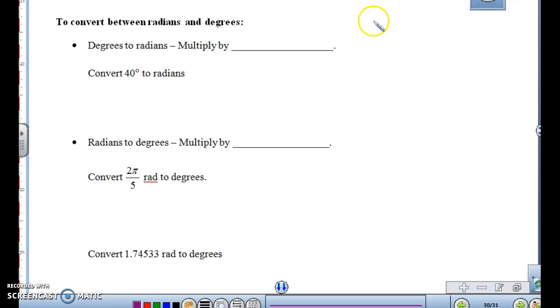All right, now we have to think about this for a second. We just said that 2 pi radians is equal to 360 degrees, and pi radians is equal to 180 degrees. That's your conversion. Now if we treat this like when we did conversions back in Algebra 1, we start with degrees, and we want the degrees to cancel and become radians.